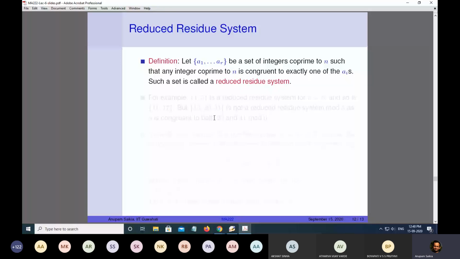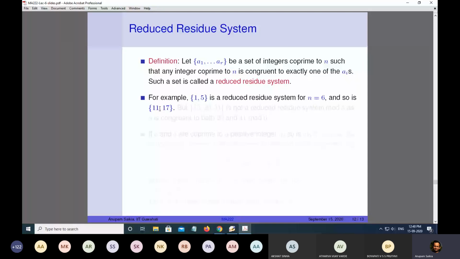For example, let's take 6. I had 6 congruence classes, represented by 0, 1, 2, 3, 4, 5. But 2, 3, 4, and 0 are not co-prime to 6. So only co-prime ones are 1 and 5. Of course, remember that these are just representatives of the equivalent congruence class. I suppose I made a mistake here.